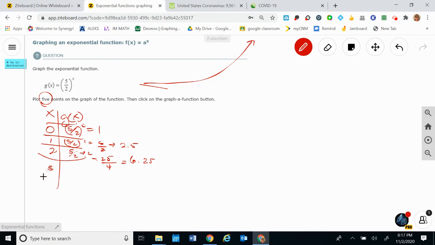And you can do 3 and 4. A lot of times you actually can't do these. 3 and 4 would be way too high. So they're giving you, like here, a fraction that's equal to 2.5, so it's a little bit slower. Anyway, what's 3? 3 would be 5 halves cubed, which is 125 over 8, and this is where it's nice to have a calculator.